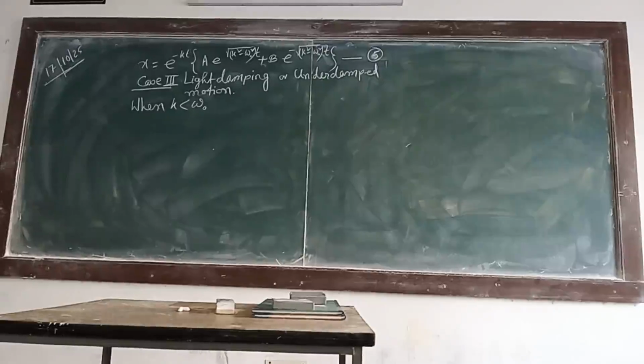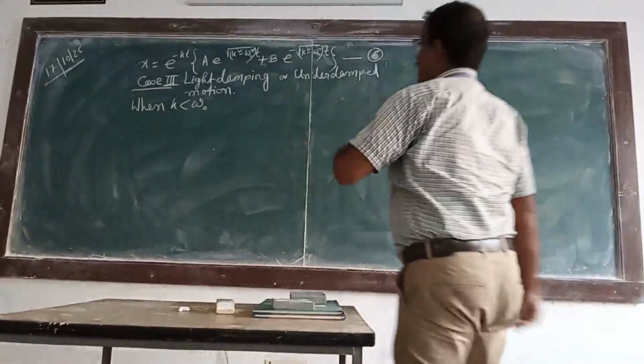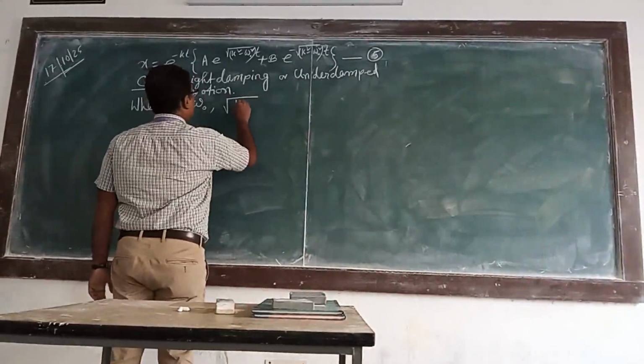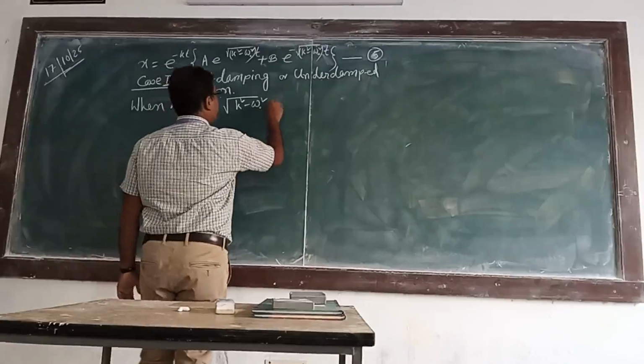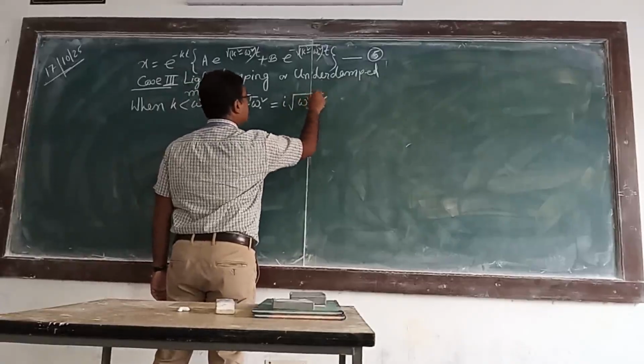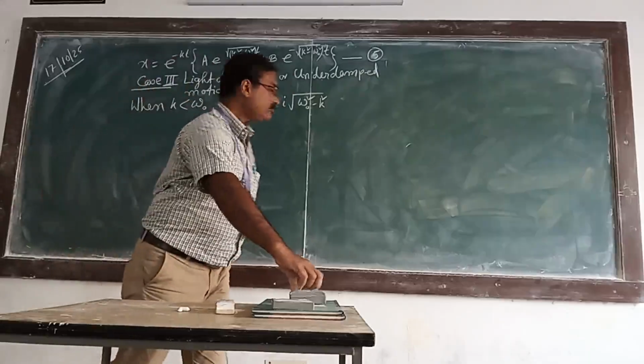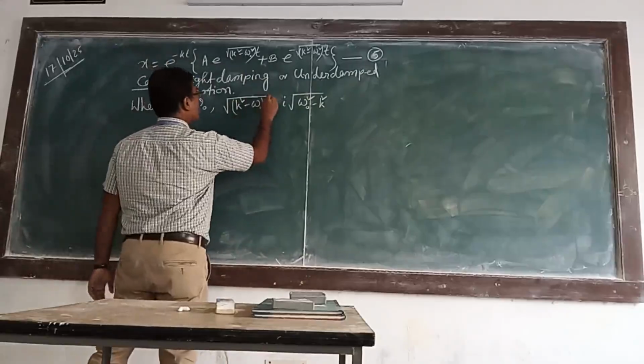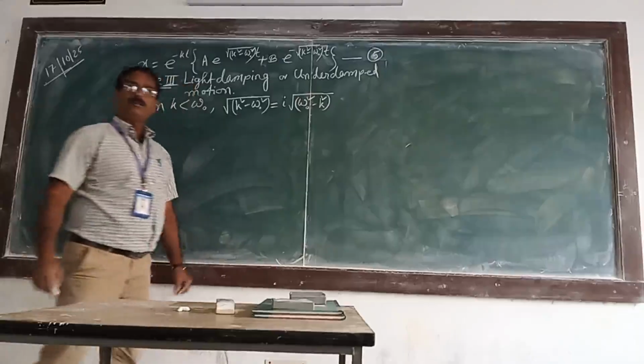Then what happens to root over k square minus omega naught square? Since k becomes smaller than omega naught, the quantity inside the root becomes negative, so we write i, root over minus 1. When k is less than omega naught, root over k square minus omega naught square equals i root over omega naught square minus k square, where i equals root over minus 1, a complex quantity.